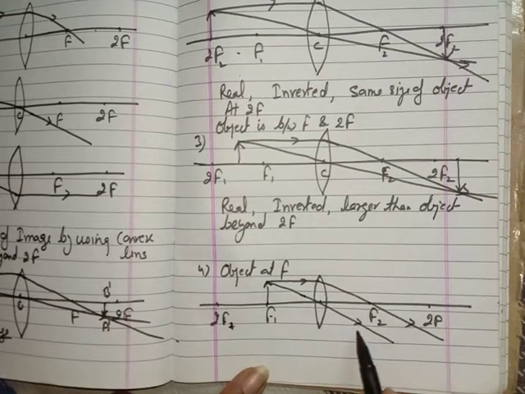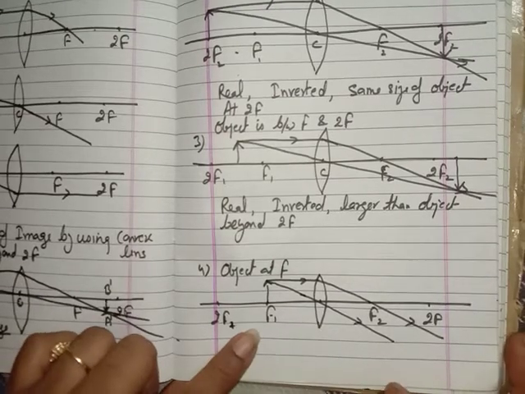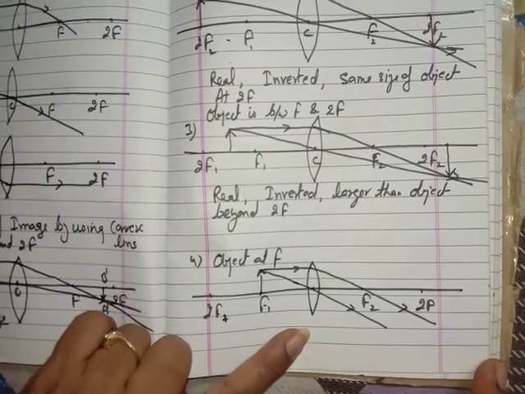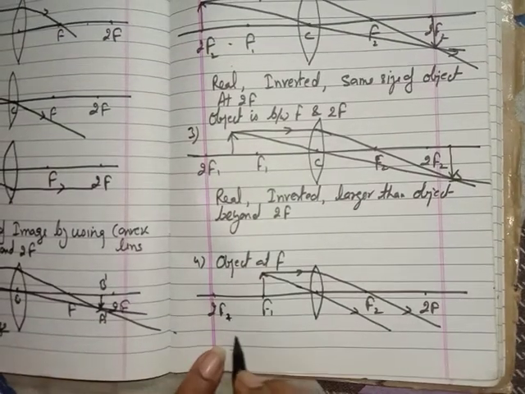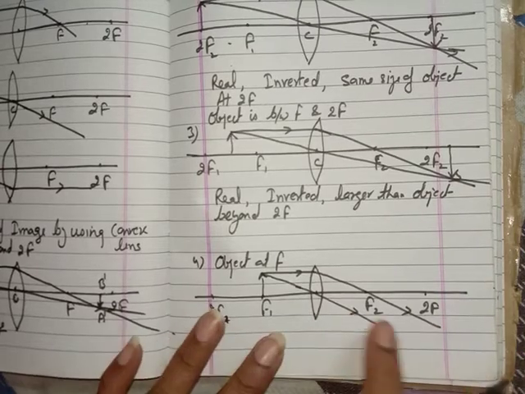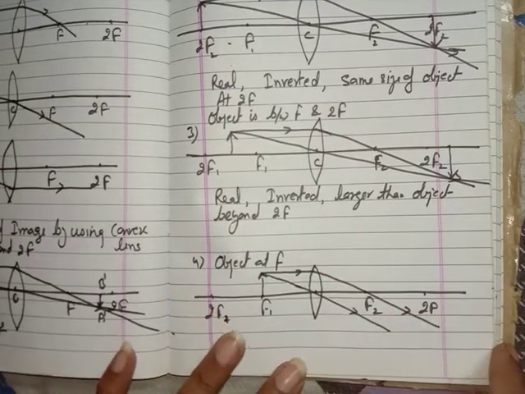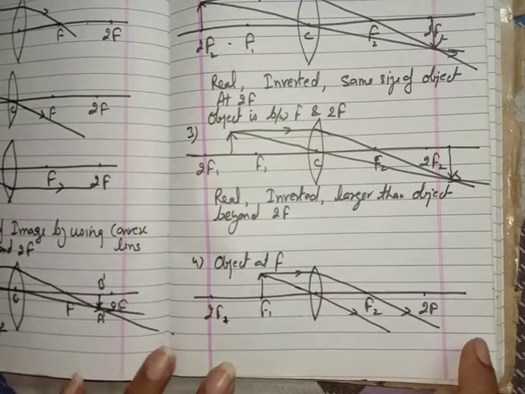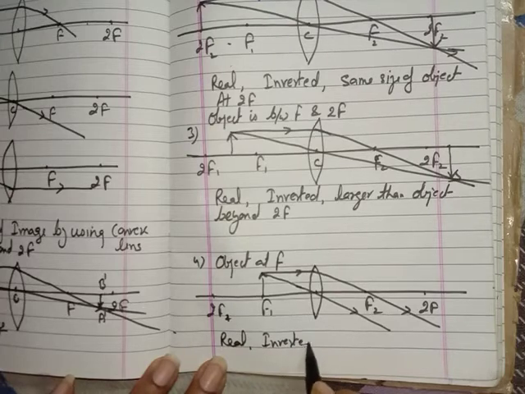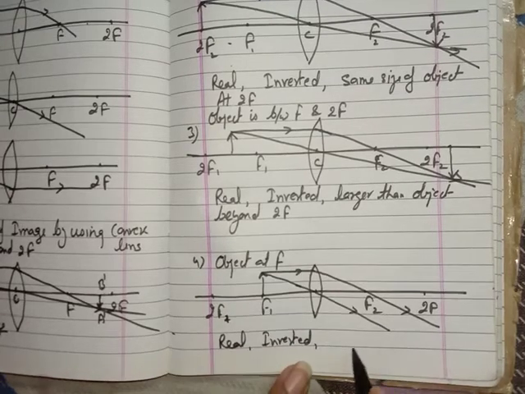So the light rays do not meet at any point, and we imagine that these light rays will meet at infinity. So we will say the image is formed at infinity. We can say this is a real image, and a real image is always inverted. So real, inverted, and highly magnified.